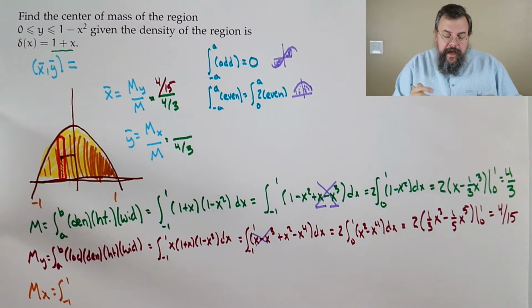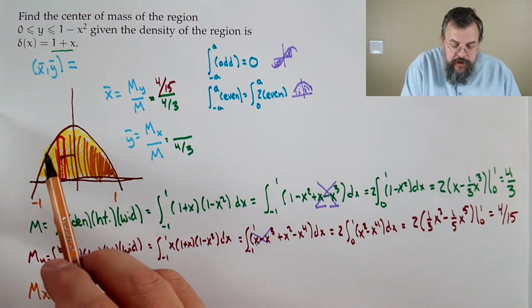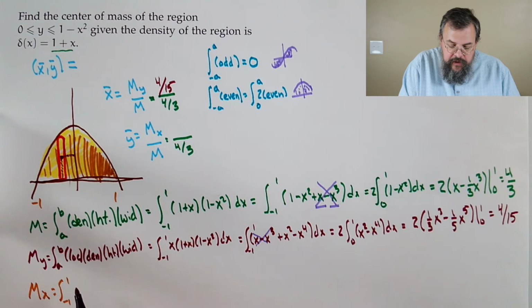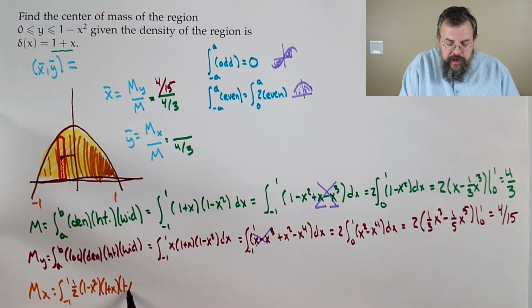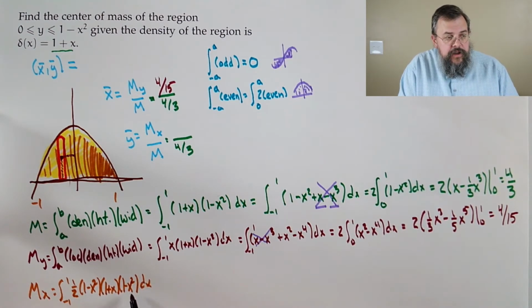So I need to go halfway up to the curve 1 minus x squared. So it's 1/2 (1 minus x squared) times (1 plus x) times (1 minus x squared) dx. So our location, our density, our height, our width.